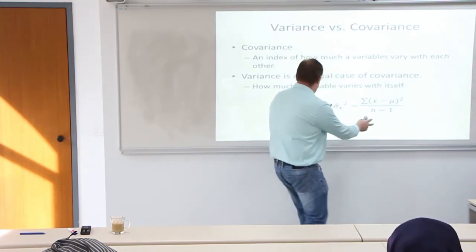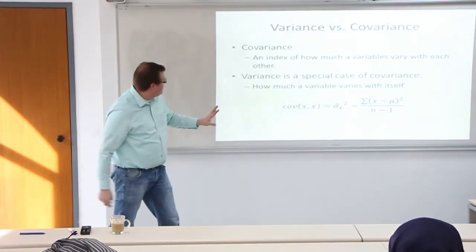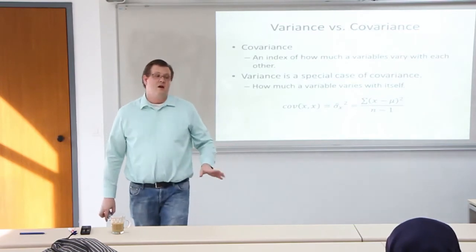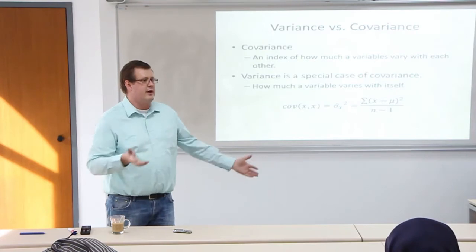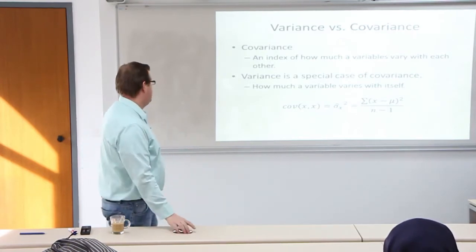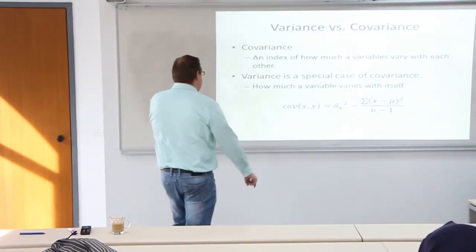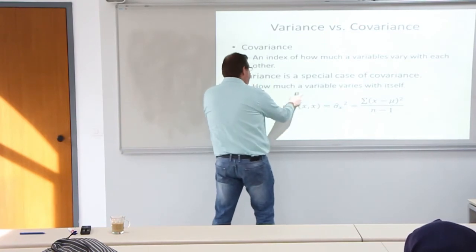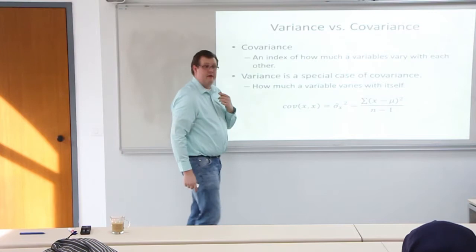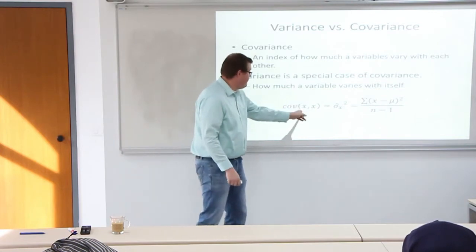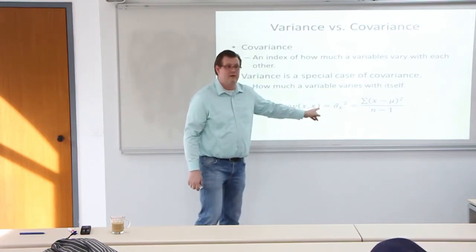Now I'm adding in here Cov XX. Cov indicates covariance. So we have the covariance of x with itself: how much x varies with itself.